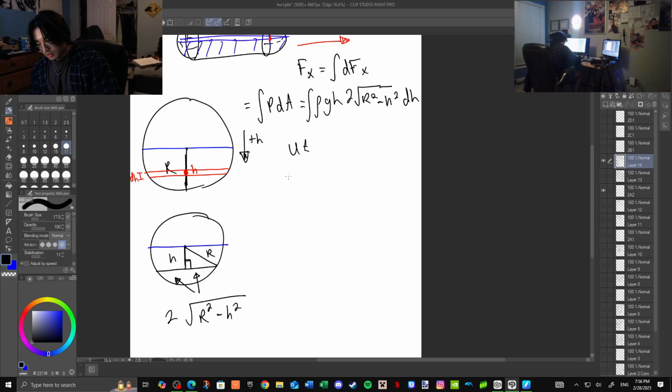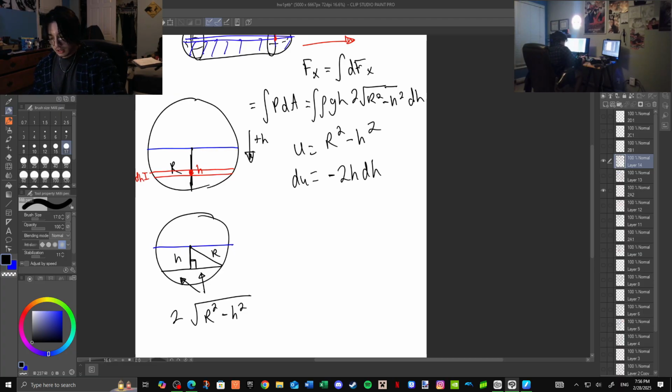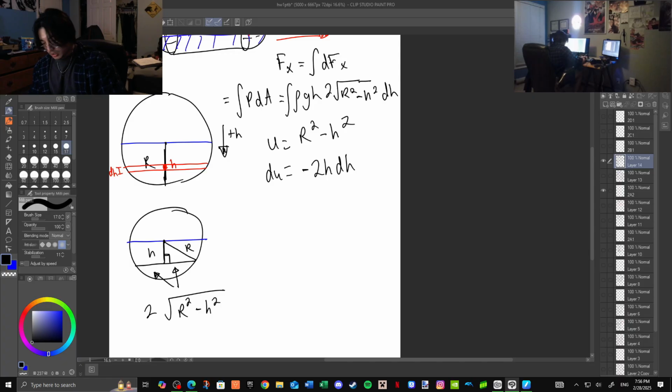And so u will just be r squared minus h squared, not u squared. And since r is a constant, r will cancel out when we differentiate u. So we will get du equals negative 2h dh. So we can plug those values back in.